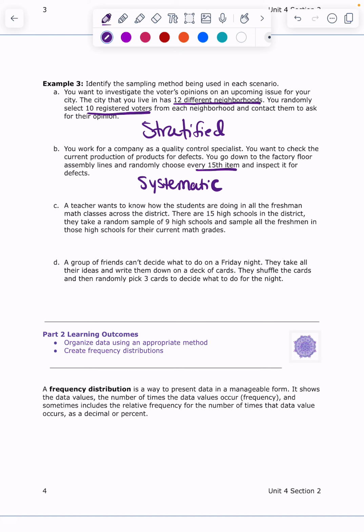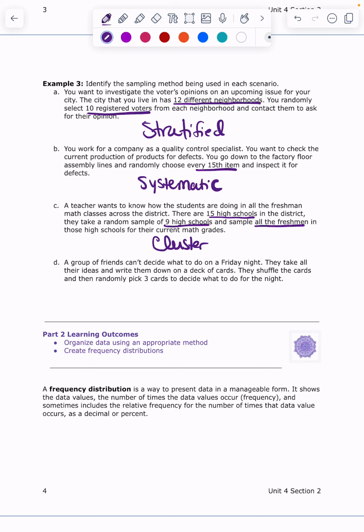C, a teacher wants to know how the students are doing in all the freshman math classes across the district. There are 15 high schools. Those sound like clusters to me. In the district, and they take a random sample of 9 high schools and sample all the freshmen. Yeah, so whenever you're sampling everybody in the cluster, it's cluster sampling.